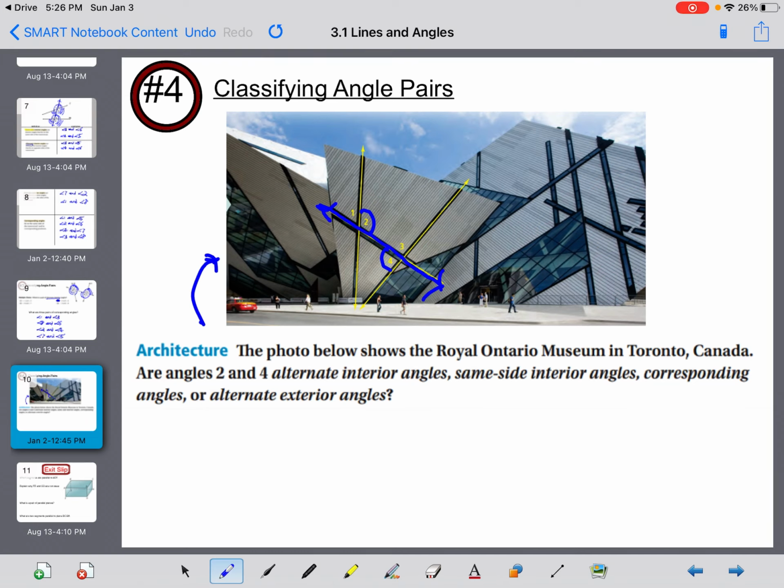They are on different sides of the transversal, which means they are not same side interior, and they are also not corresponding angles. So it comes down to alternate interior or alternate exterior. If you notice, these two angles fall on the inside, which would make them alternate interior angles.